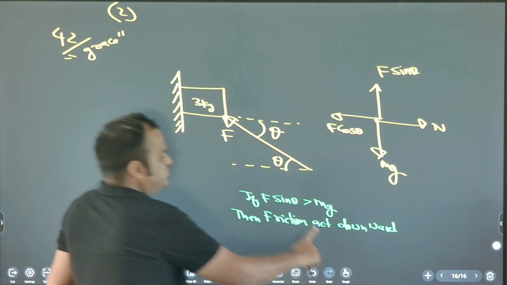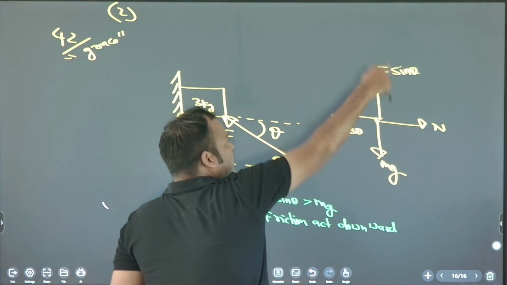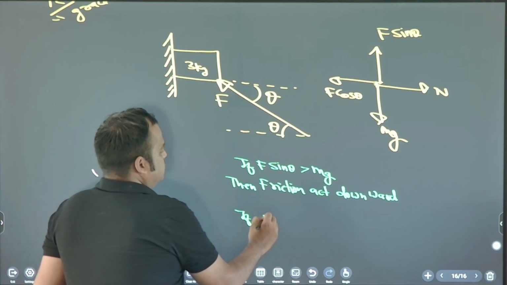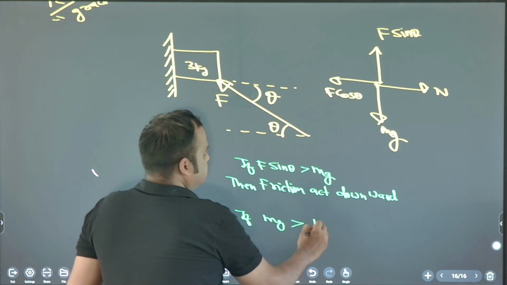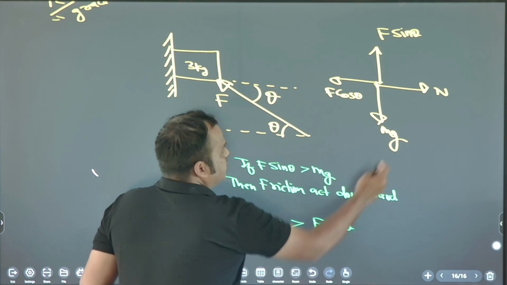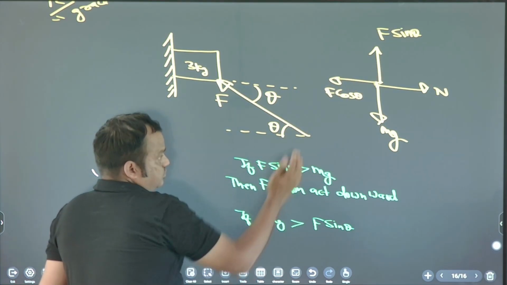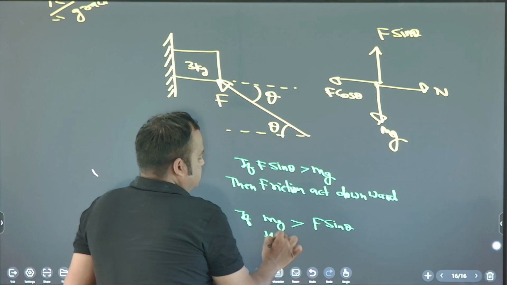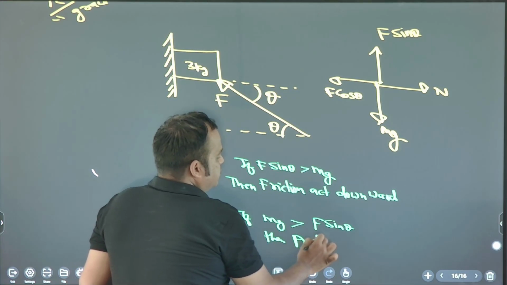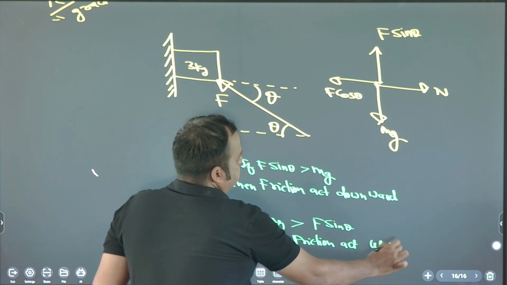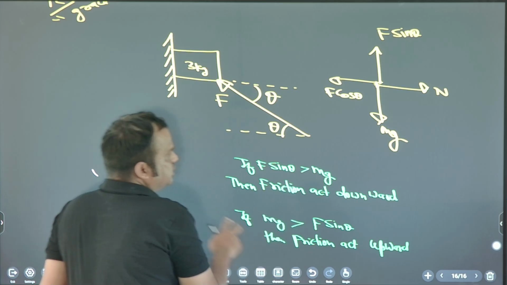If mg is greater than f sine theta, friction will act where? Up. Then friction will act upward. You note down this.